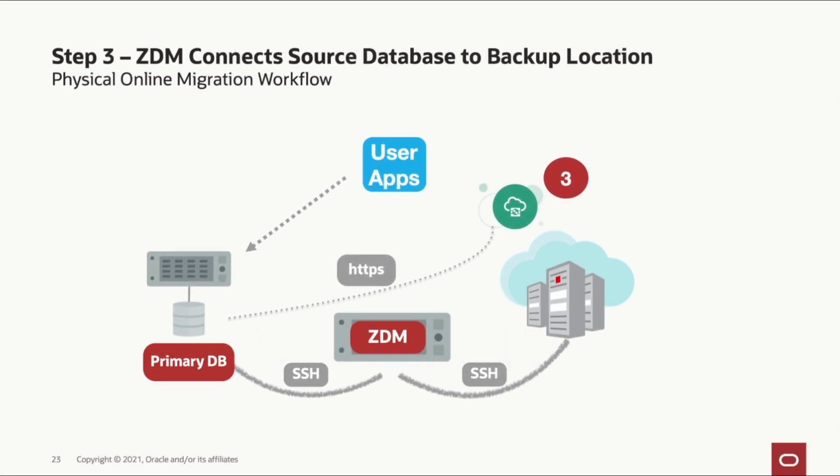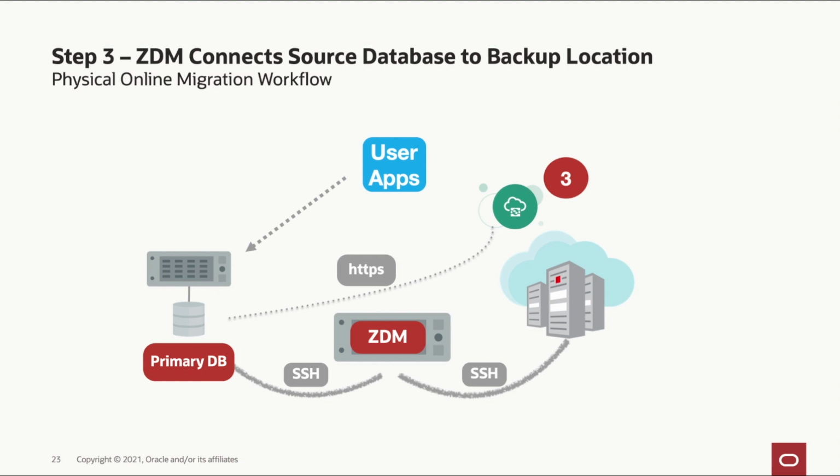And how does ZDM continue? Well, it'll then start creating the backups I mentioned, the L0 and L1 backups from the primary database on premises, and will start a connection between that primary database and the backup location of your choice. In this case, let's pretend we're migrating to Exadata Cloud Services.